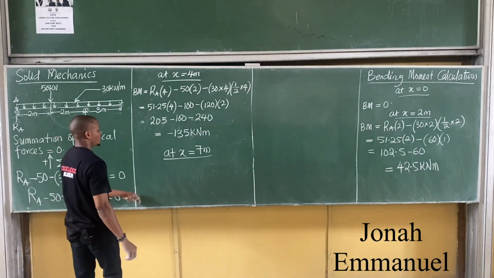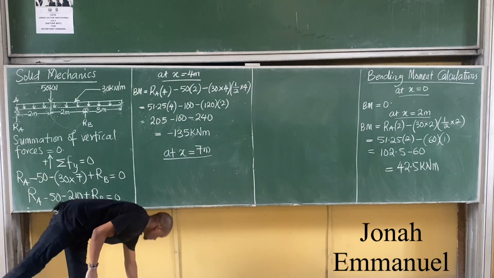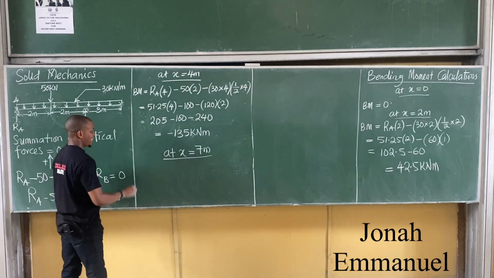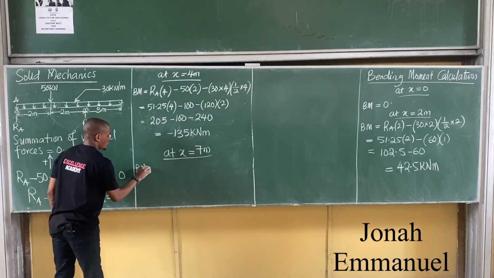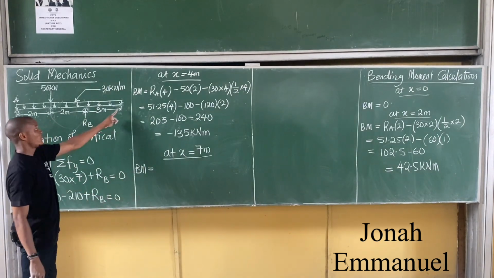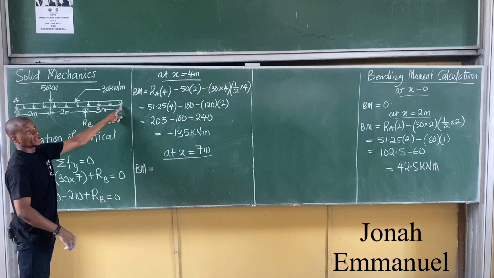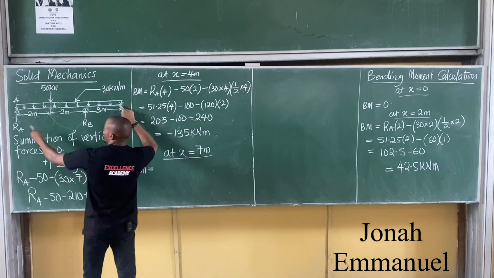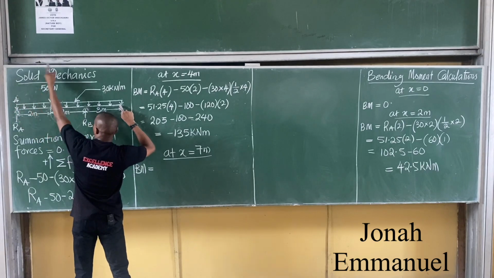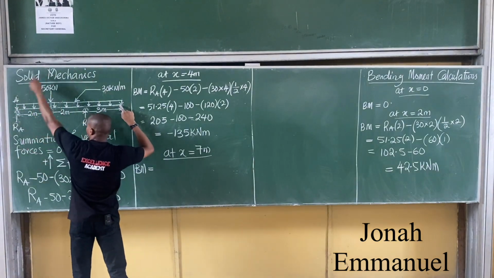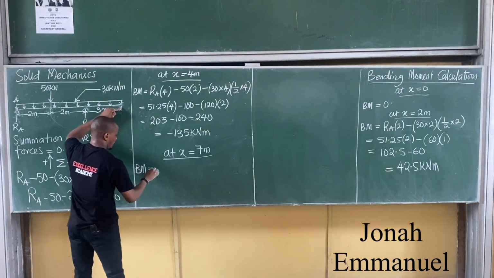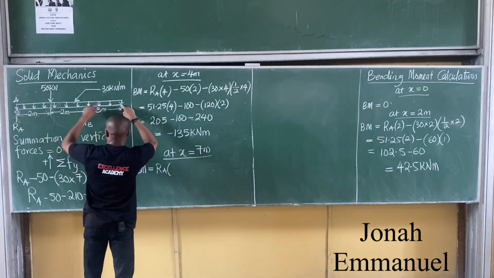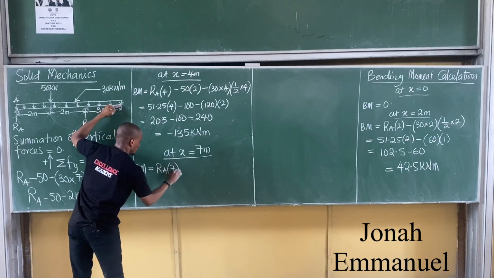One final one at x equals to 7 meters. At x equals to 7 meters, please take bending moment. 7 is this point here. Take all the force to here. First, RA going upwards, so the motion becomes clockwise: RA times the distance from RA to here, that's 7.